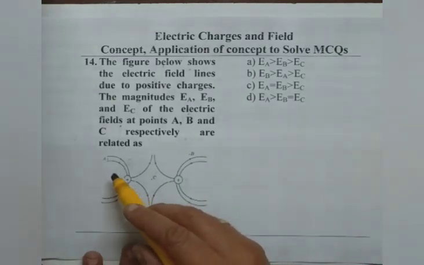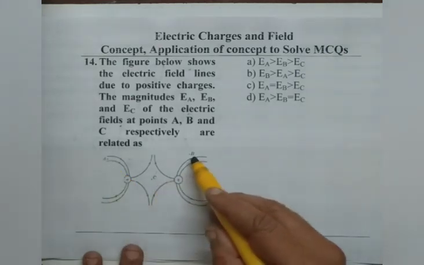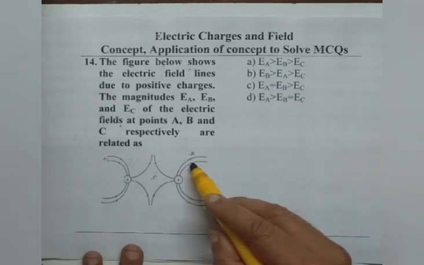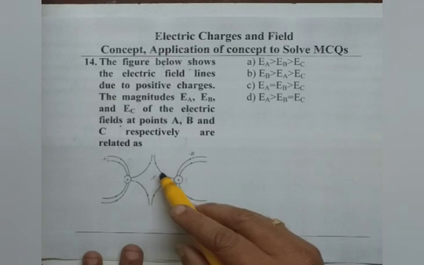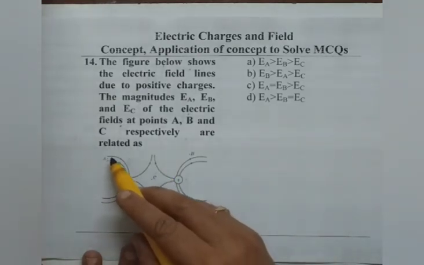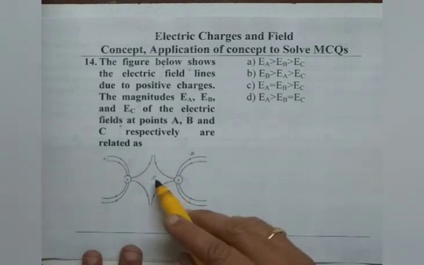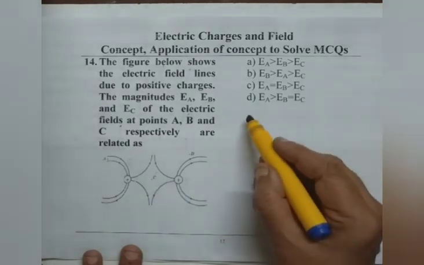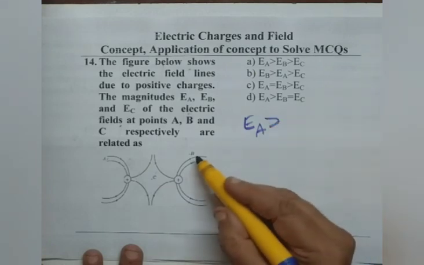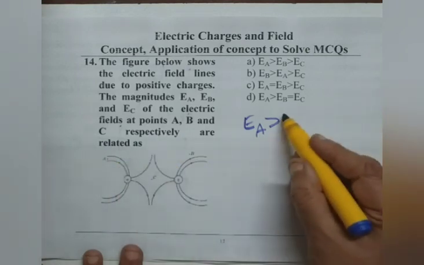Say here observe at A, two field lines are nearer. At B, no field lines surrounding that, only below that there. And at C, in the surrounding region compared to A and B, no field lines are there. That means at A, field lines are crowded compared to B. And compared to B, field lines are not there at C. Therefore, according to our idea, EA must be larger than EB because compared to B, at surrounding A, field lines are more.